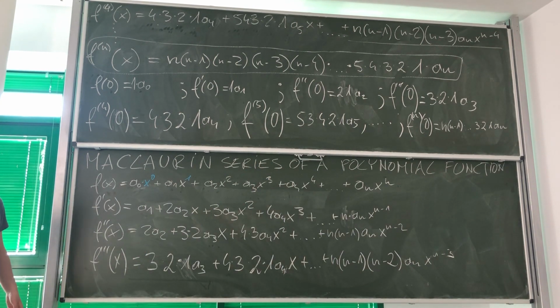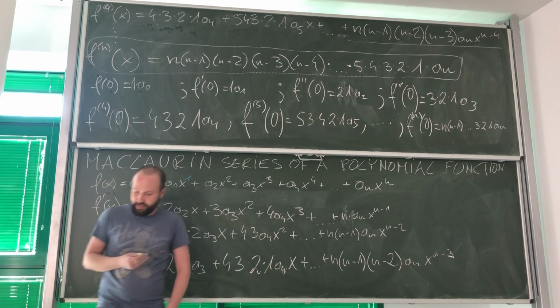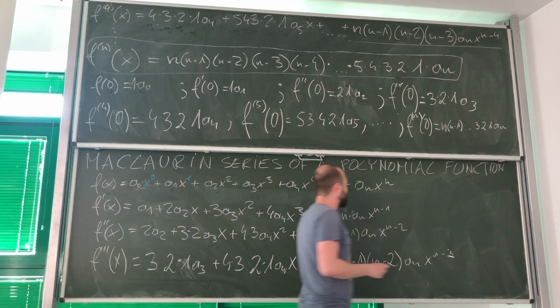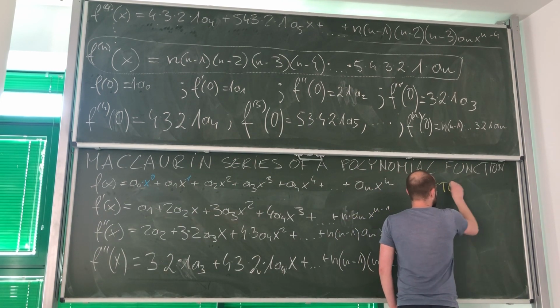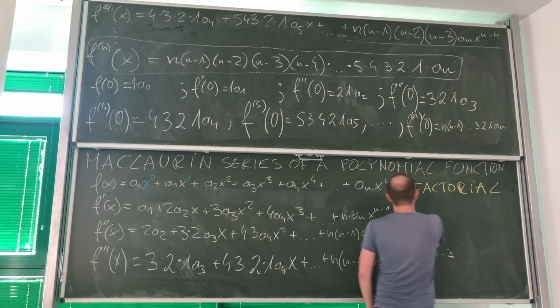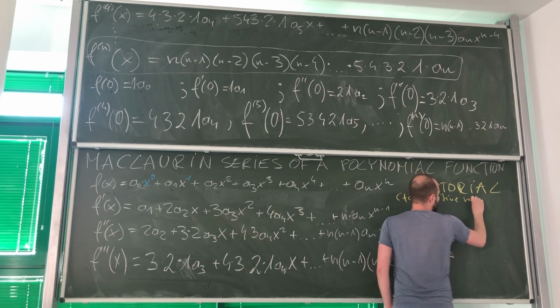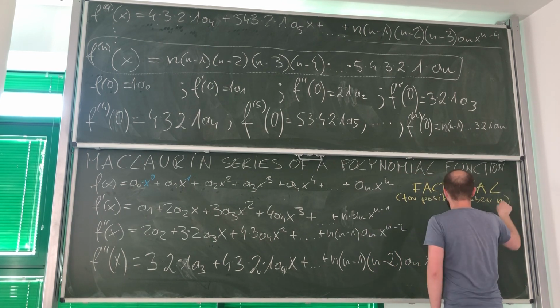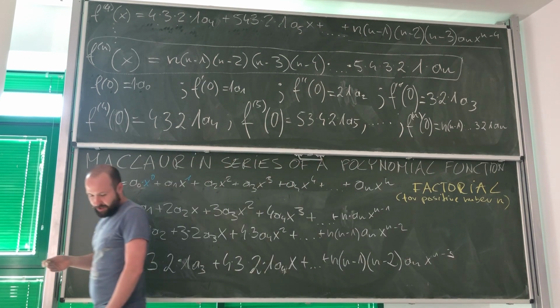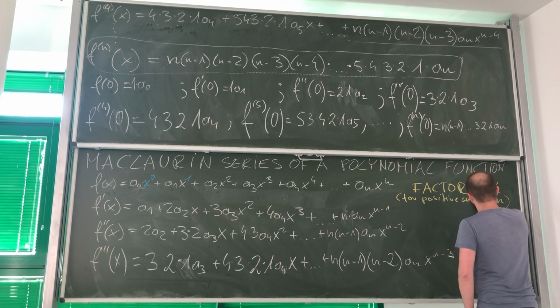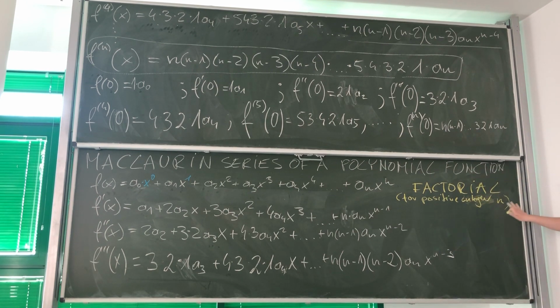Okay, so what is this factorial? I hope you've seen it in high school, but let me remind you a little bit. So factorial, of course, for positive number n, actually for positive integer n. Okay, so we are actually here starting at 0 and going to n.